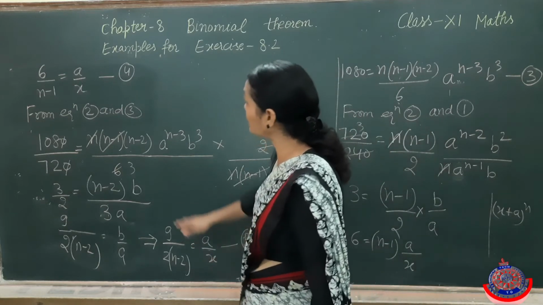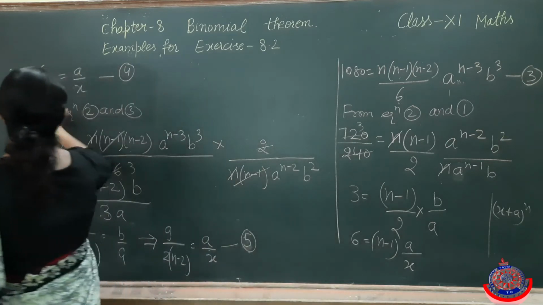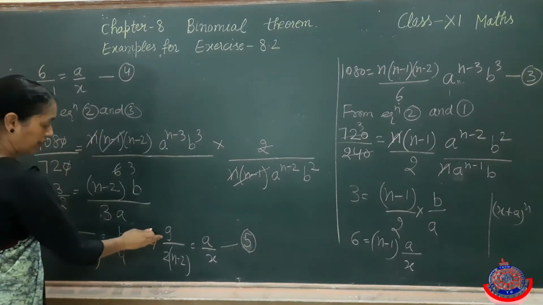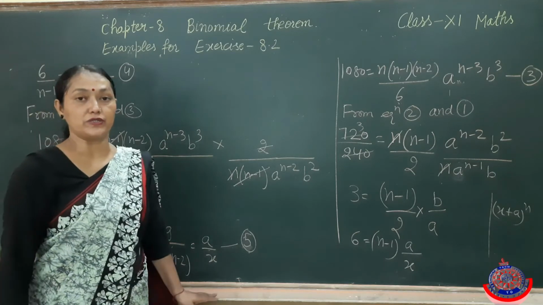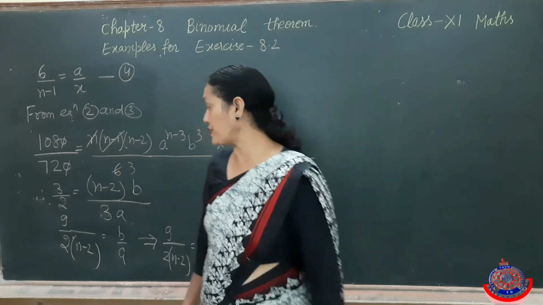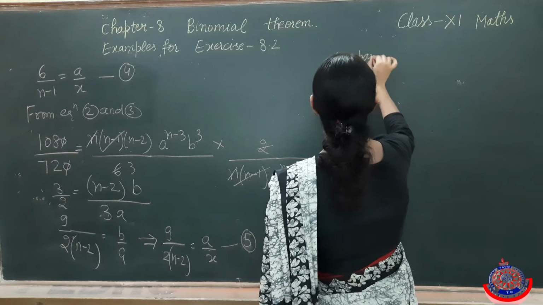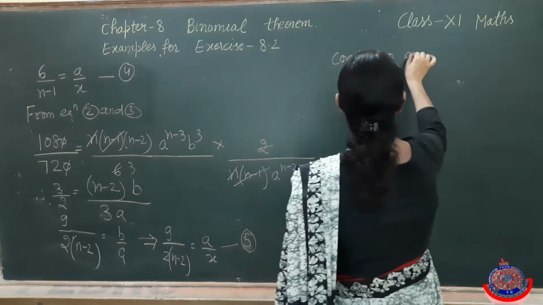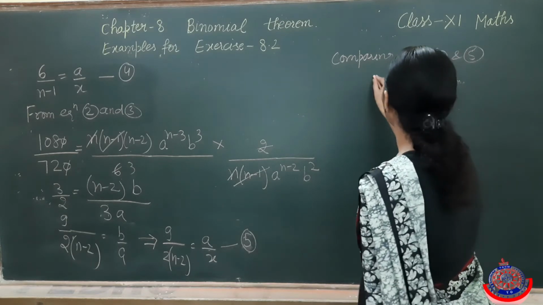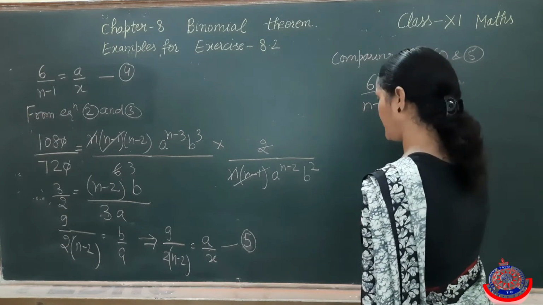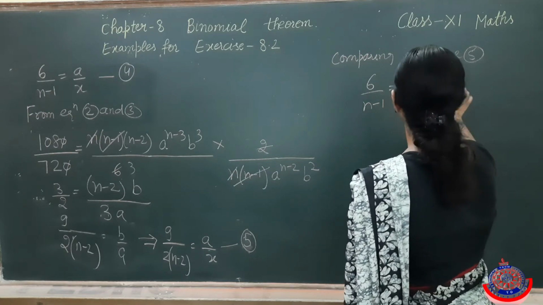Now if we compare the two equations, fourth and fifth, we have 6 upon (n minus 1) equal to 9 upon 2(n minus 2).